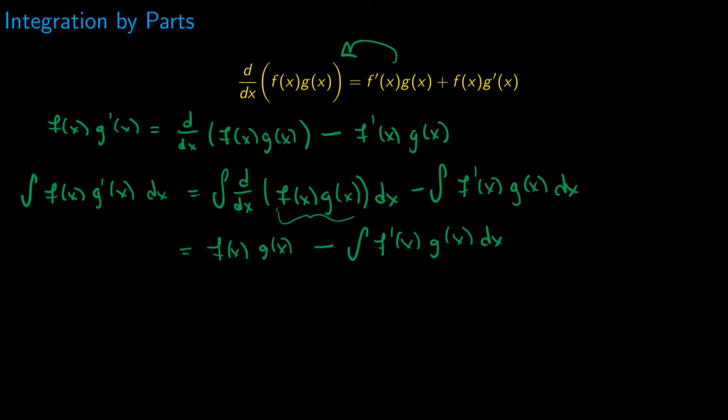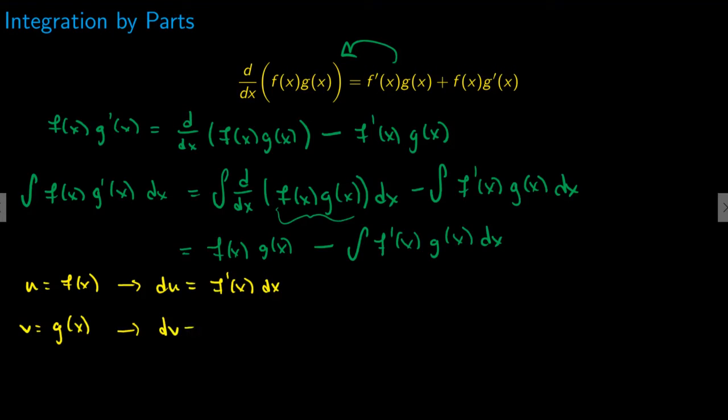And we want to clean up this formula a little bit, so I'm going to make the substitution u equal to f of x and v equal to g of x. And if I do this, then du is going to become f prime of x dx, and dv is going to be g prime of x dx.